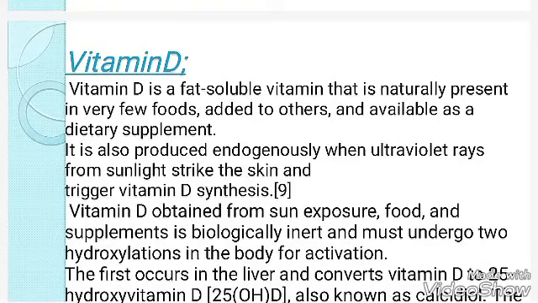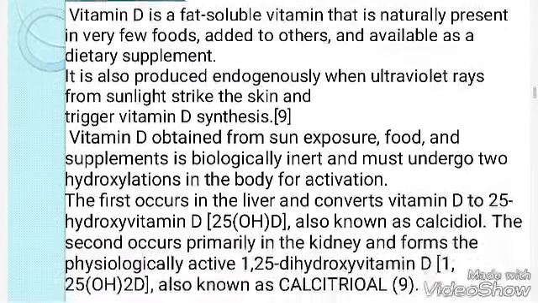Vitamin D is a fat-soluble vitamin that is naturally present in very few foods, added to others, and available as a dietary supplement. It is also produced endogenously when UV rays from sunlight strike the skin and trigger vitamin D synthesis.